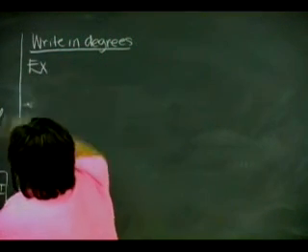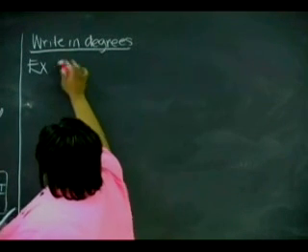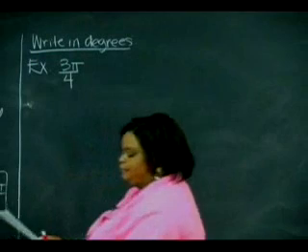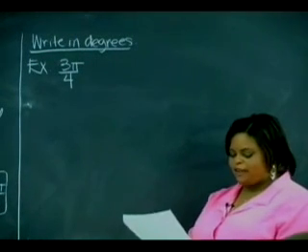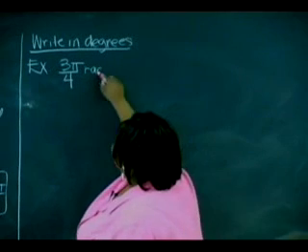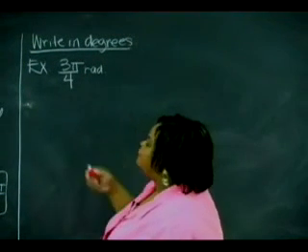Well, let me make up something. Suppose we have, let's say, 3 pi over 4. My examples in my notes, I didn't do any degrees. I did them all that way. But, hey, we can go with it. Suppose we have 3 pi over 4 radians. How are we going to convert this to degrees?